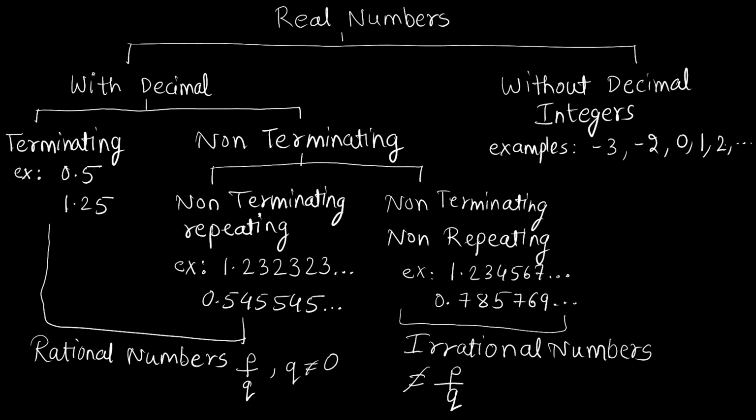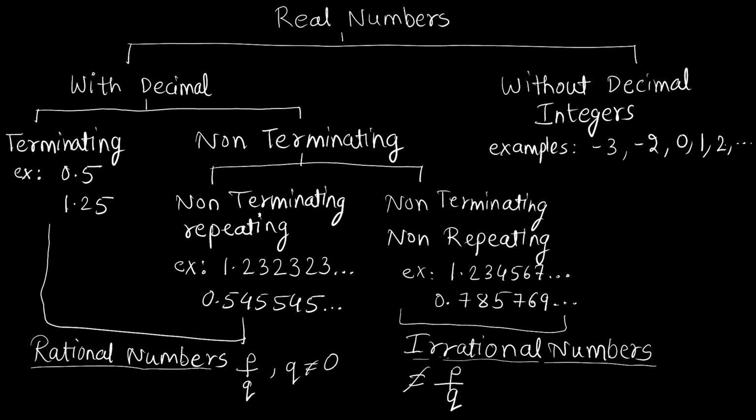So this was the classification of real numbers based on decimal expansions. With decimal, there are two subcategories, terminating and non-terminating. In non-terminating, there are two subcategories, non-terminating repeating and non-terminating non-repeating. Terminating decimal expansions and non-terminating repeating decimal expansions fall under rational numbers, whereas non-terminating non-repeating decimal expansions are nothing but irrational numbers.